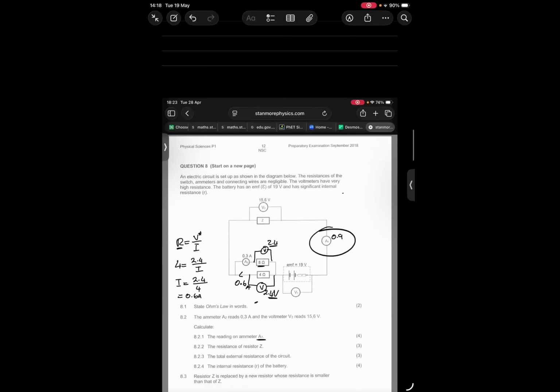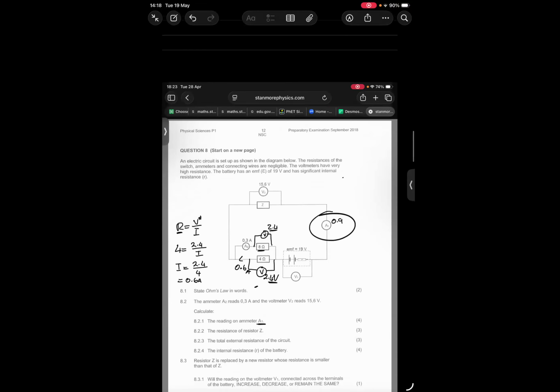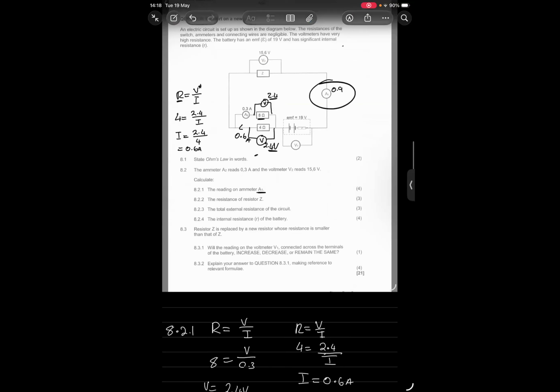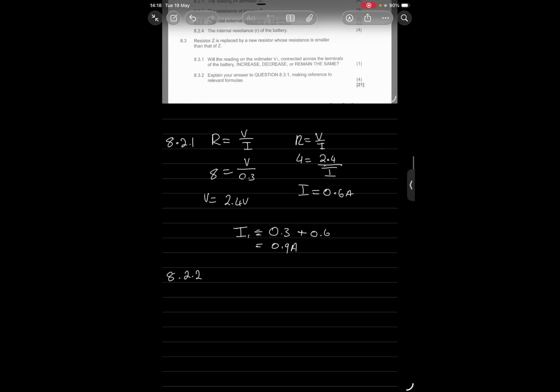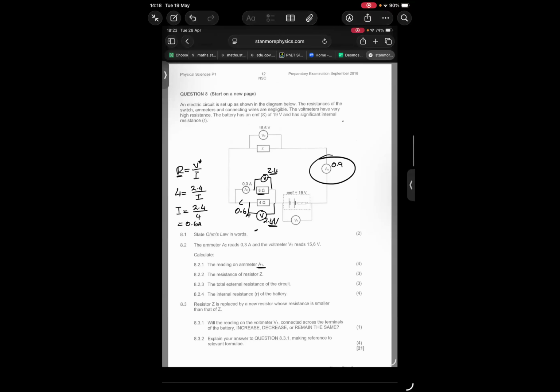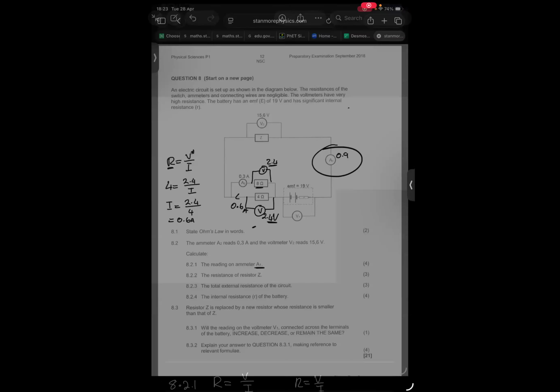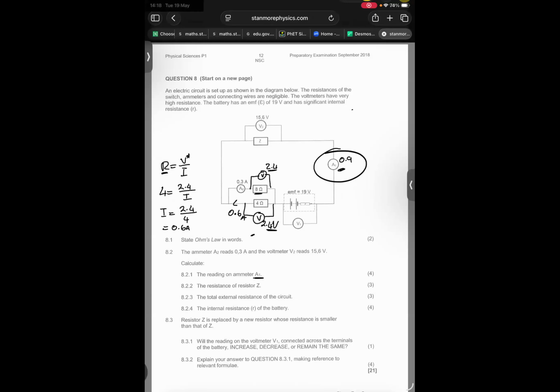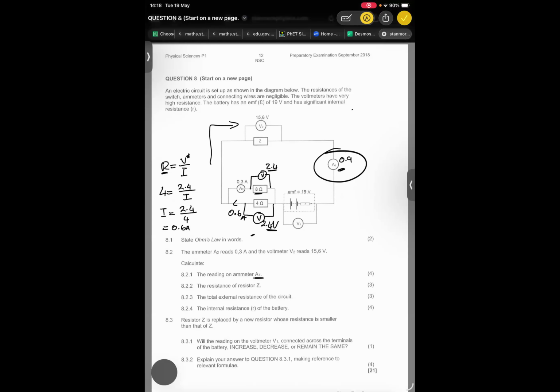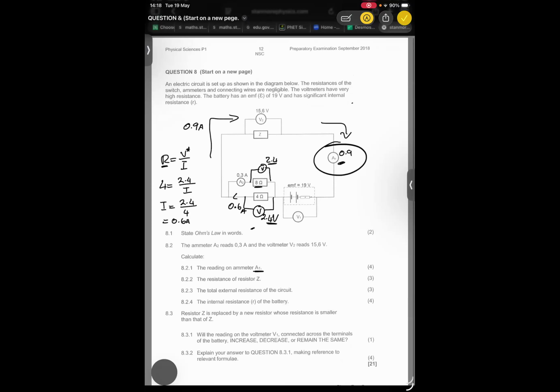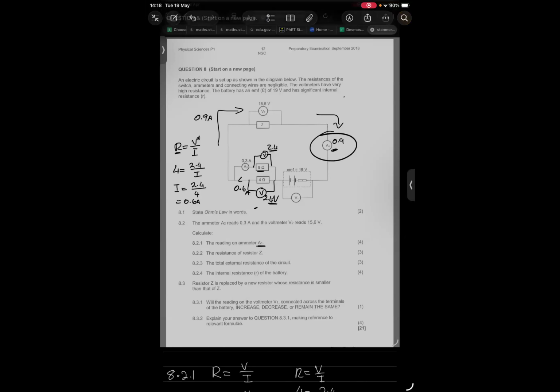Okay, so because she's right. Because the current that passes through Z is how much? It's 0.9, isn't it? And you already have the voltage, which is 15.6. But remember, if you check A1, the current that passes through here and the current that passes through here is going to be the same, which is 0.9 amps. So this 0.9 amps is going to pass through Z. Therefore, what's going to happen?